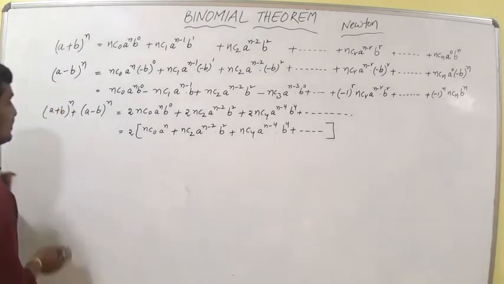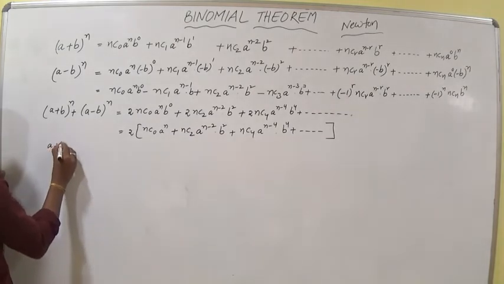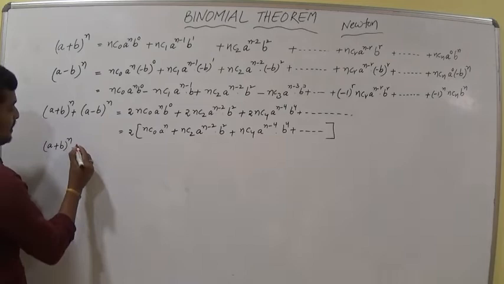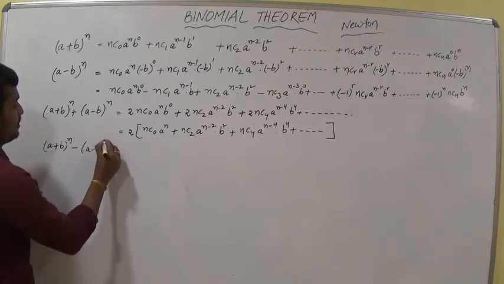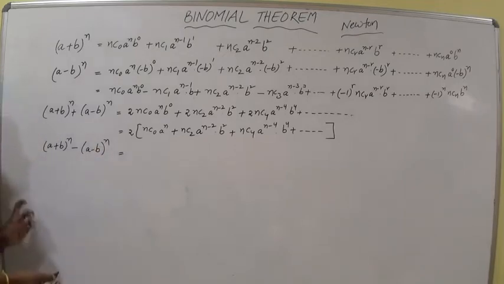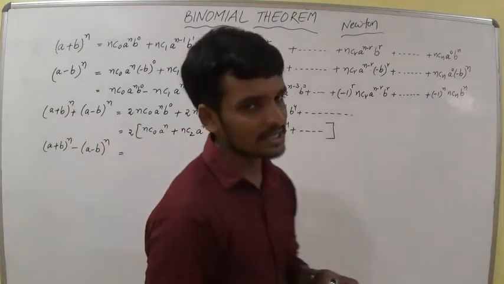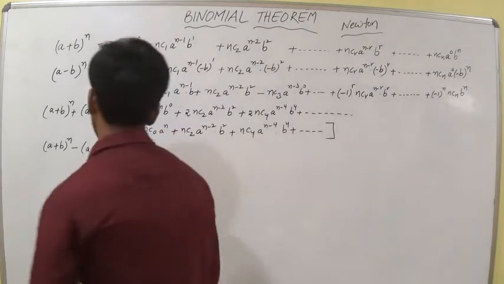So now we are doing minus. That means (a plus b) whole power n minus (a minus b) whole power n. Now we are subtracting. What will you get?